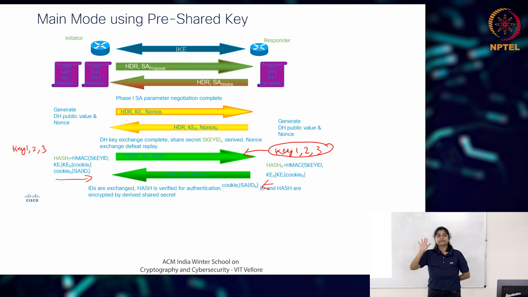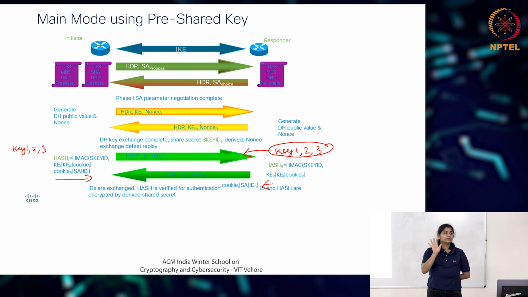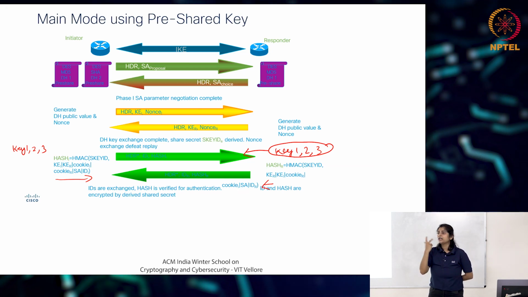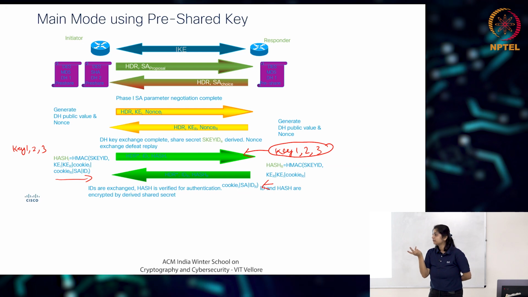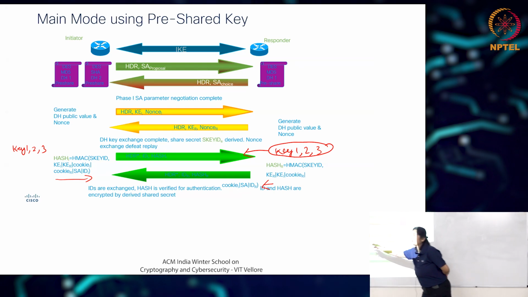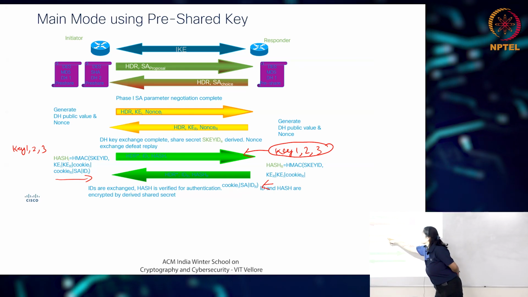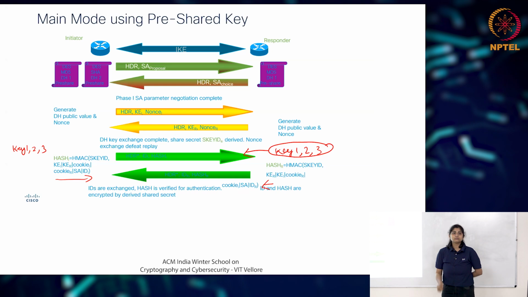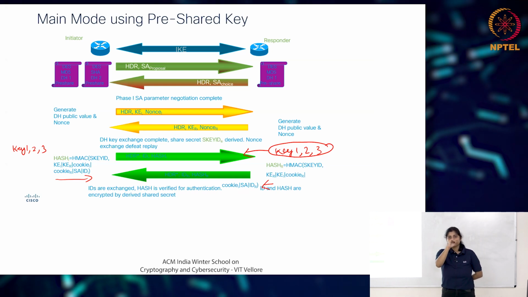That is the beauty of these VPNs. You never exchange your pre-shared key. If, for example, the pre-shared key is Cisco, this is not the hash of Cisco.